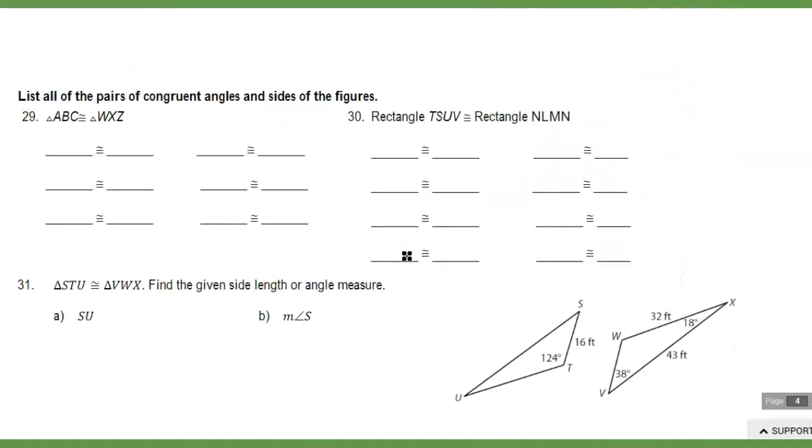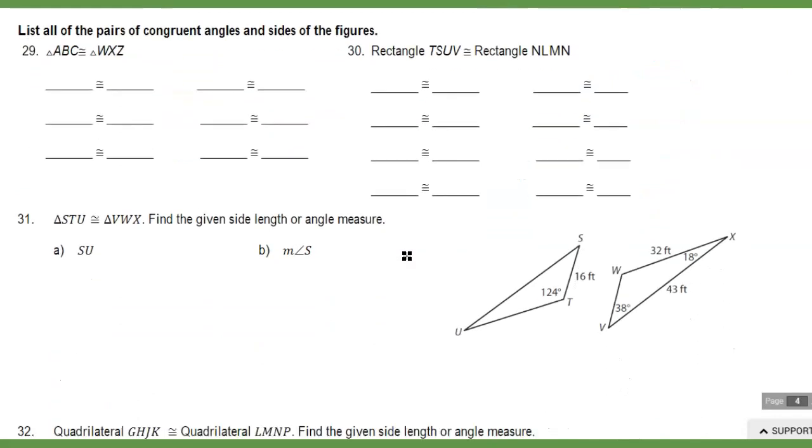All right, let's go on to our last page here, where we just have to talk about the congruencies of triangles. This is from the idea that corresponding sides of congruent triangles are congruent. Same thing with angles.